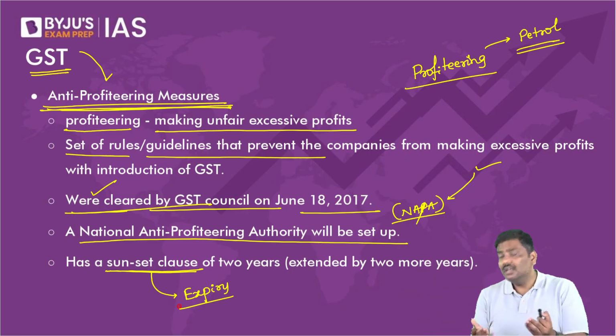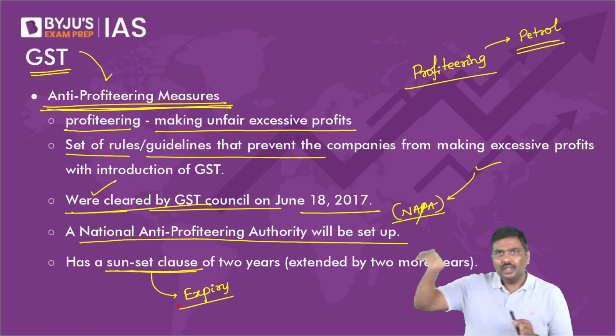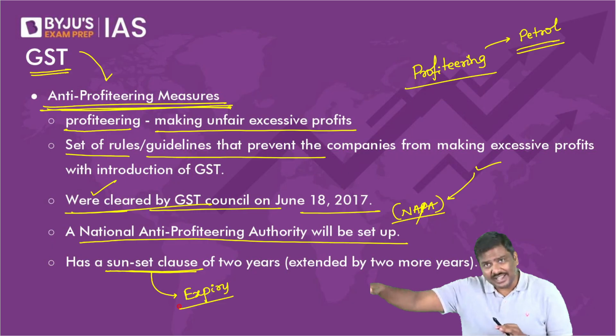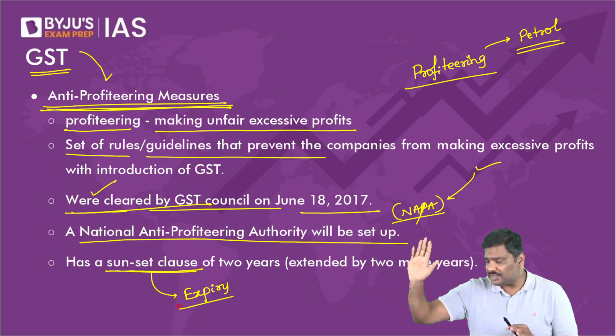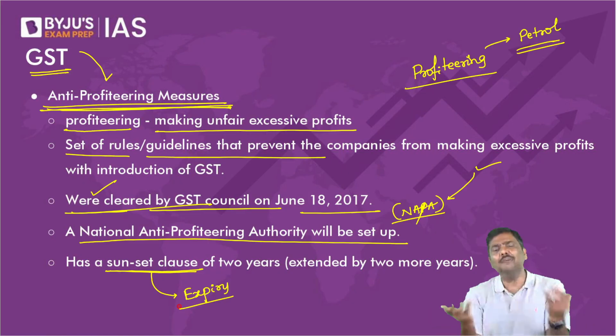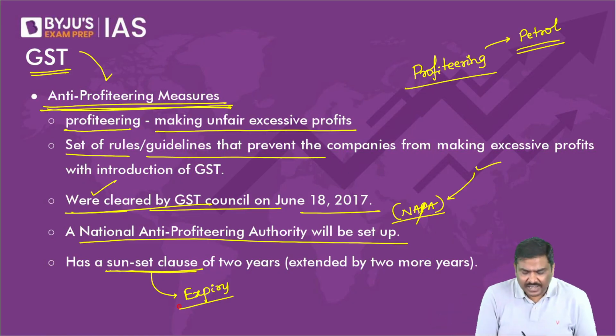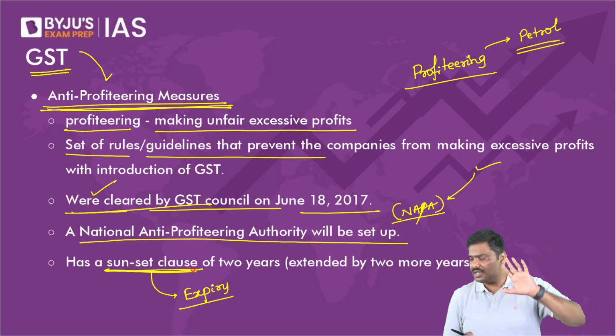Of course, yes. So in the same way, when you set up an authority, when you have certain measures in the economy, can you have a certain expiry date for these measures? Answer is yes. It is entirely up to you.